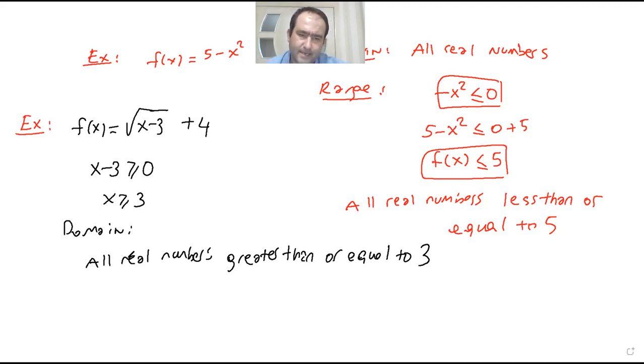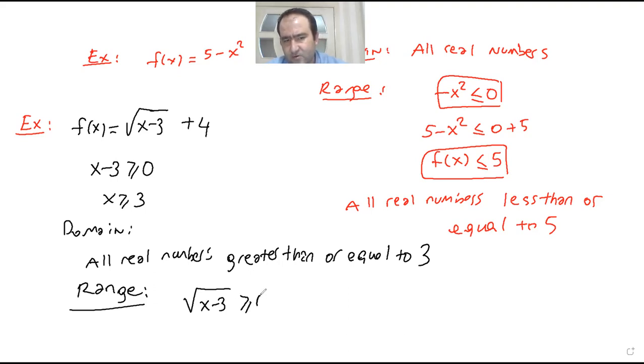And range. What's our range? The square root is always greater than or equal to 0.